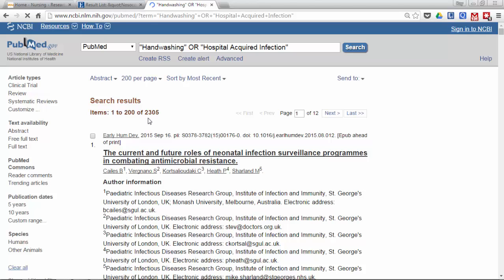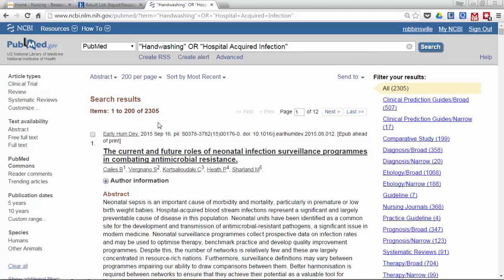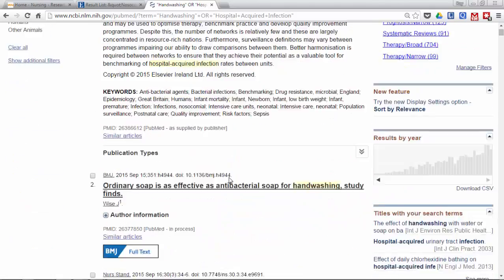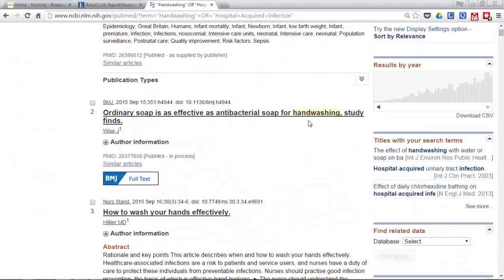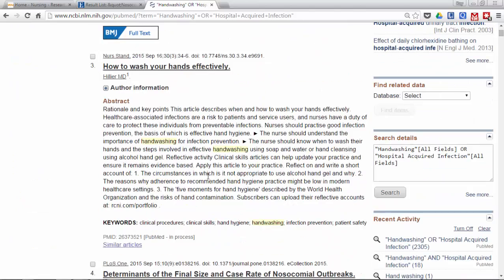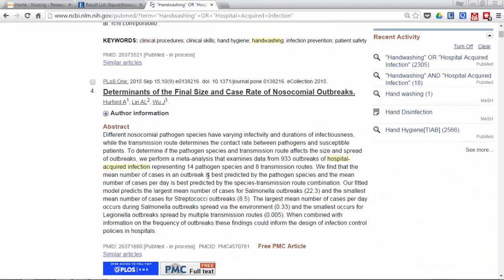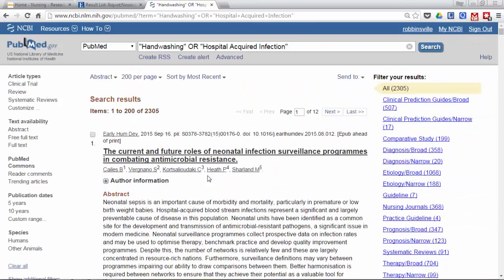You'll notice I go from a couple articles up to 2,305 articles in which hand washing is being talked about, but it's not always being talked about in reference to hospital-acquired infections. That's why you should only use or when trying to combine topics or concepts that are describing the same thing, like in the case of hand washing or surgical scrubbing.